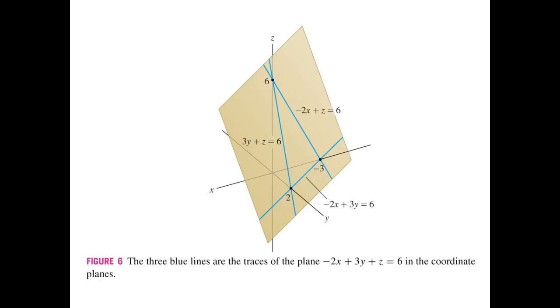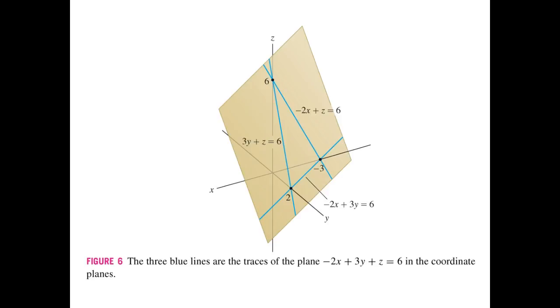And then when it crosses the y-axis and x-axis, you've defined the trace, the one line on the xy plane. And then also y is equal to 2, z is equal to 6. That's the point there.